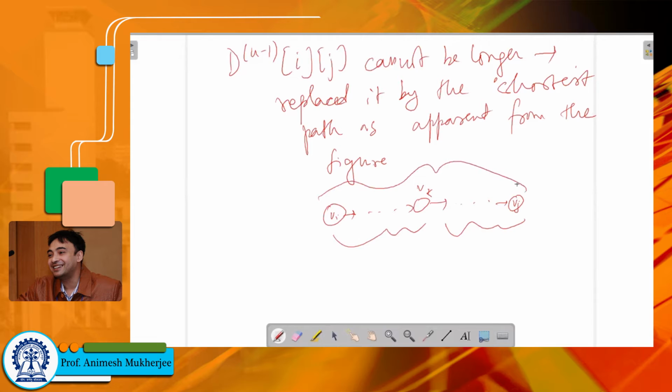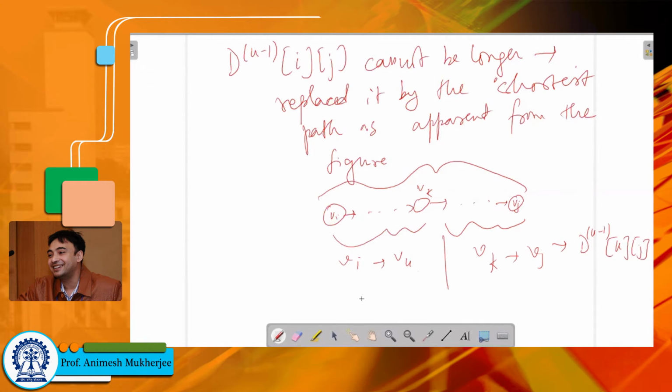So if d^(k-1)_ij was longer, then you could have always replaced it by the shortest path. So this is by our underlying assumption. The same thing holds for the other side. So we have shown it for Vi to Vk. The same set of arguments holds for Vk to Vj. So this length here is d^(k-1)_kj.